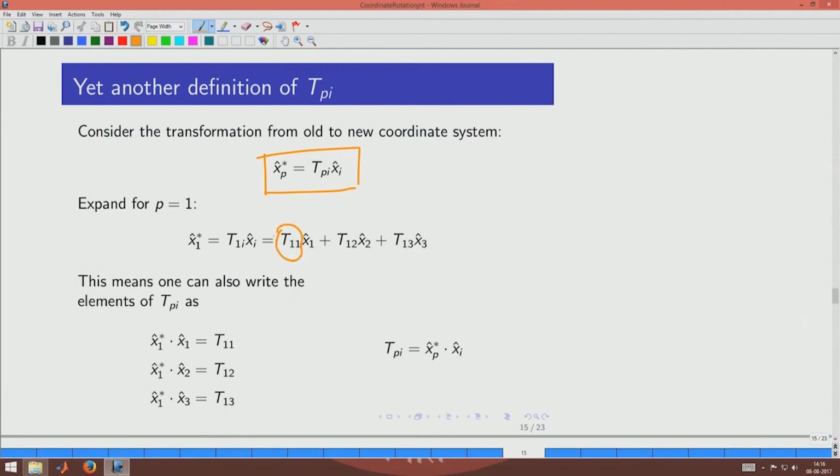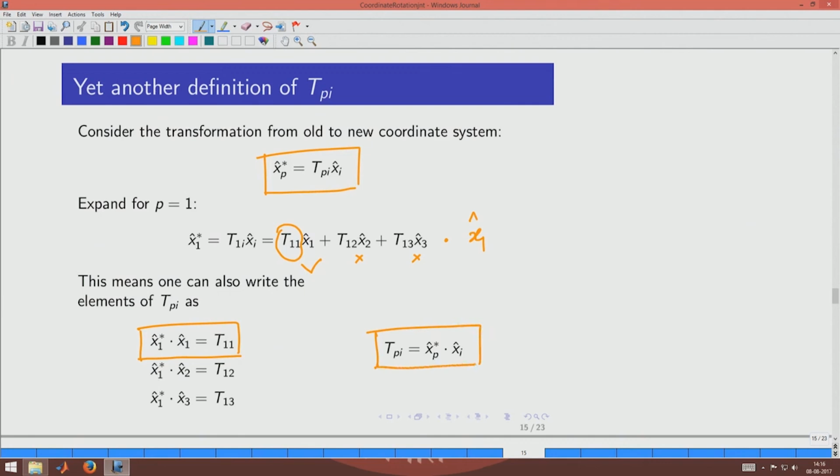Okay, so, what we do is basically we realize that from the orthogonality property of the coordinate system, if we were to dot this with something that will leave behind only this term and not have these two terms, which means that if I were to dot that with x1, then the first term will remain, the second, because it is x2 dot x1, will drop off, third one x3 dot x1, will drop off. So, I could then imagine that T11 is nothing but a dot product of x1 star and x1, similarly the other terms. So, you could also imagine the elements of the transformation matrix as dot products of the new and the old coordinate system.